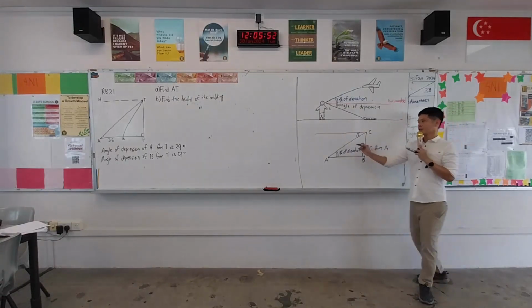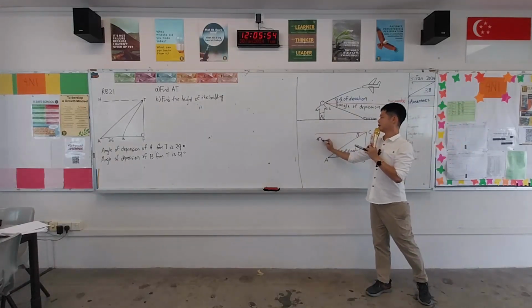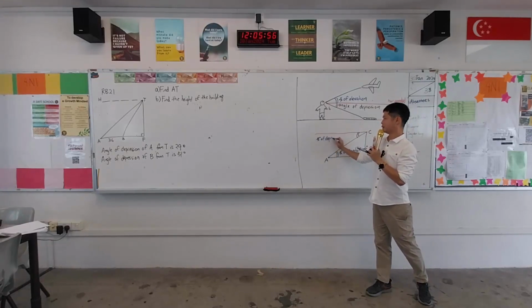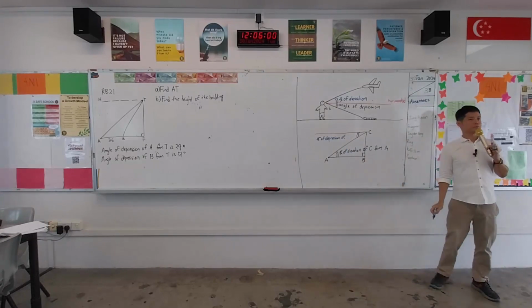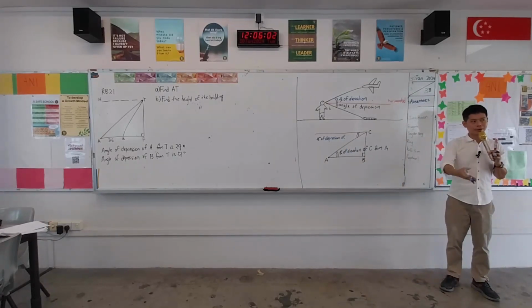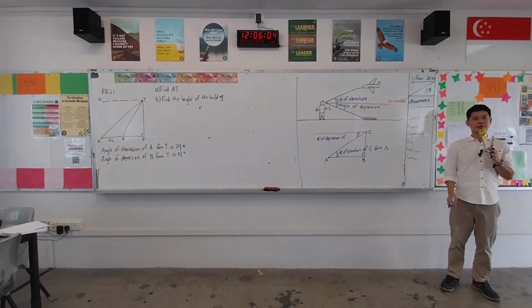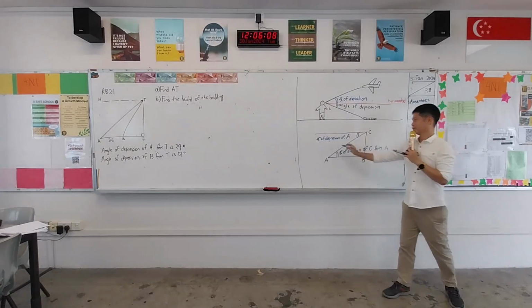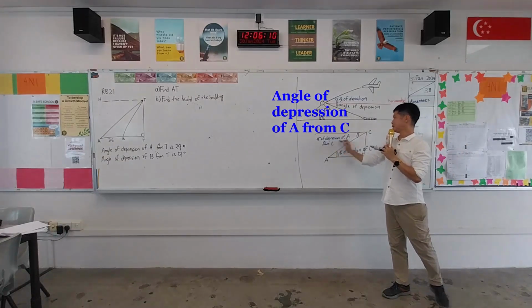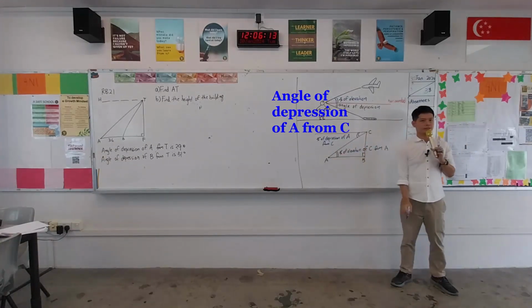So what is this called? This is the angle of depression of what? What am I looking at? I'm looking at A from C. I'm looking down at A.